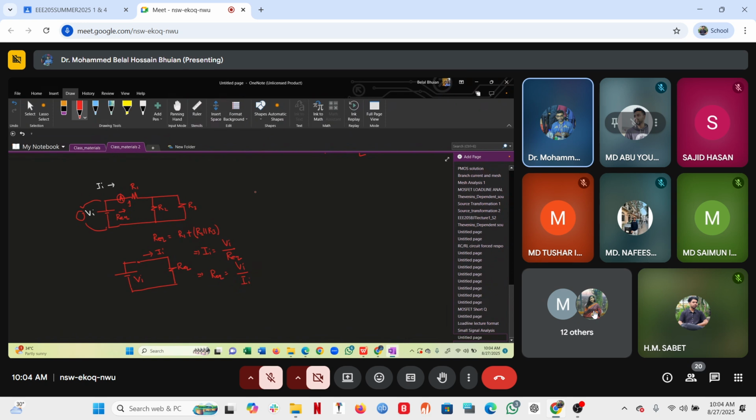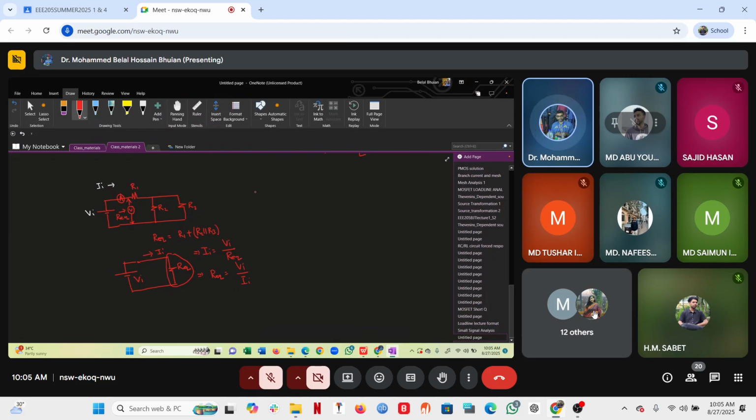So if you divide the measured voltage by the measured current, that gives us R equivalent.